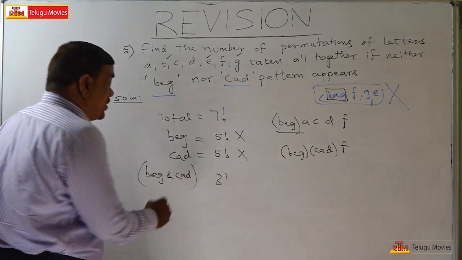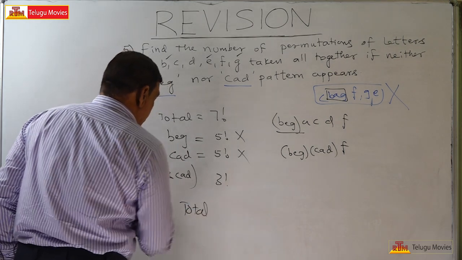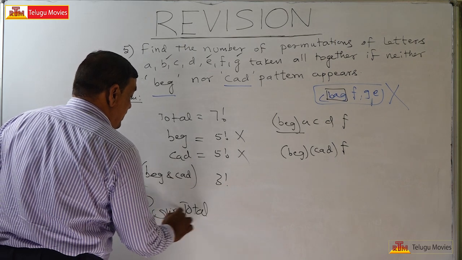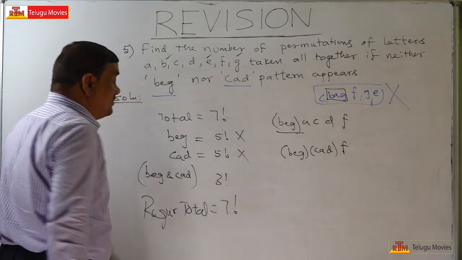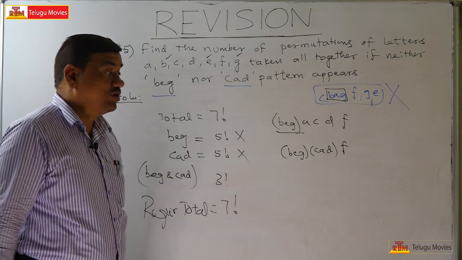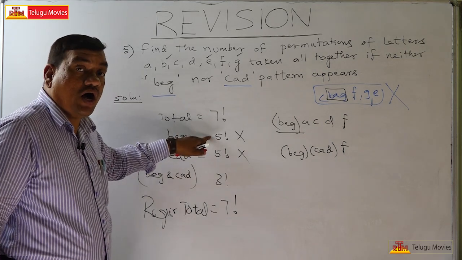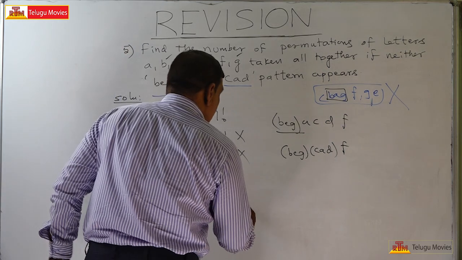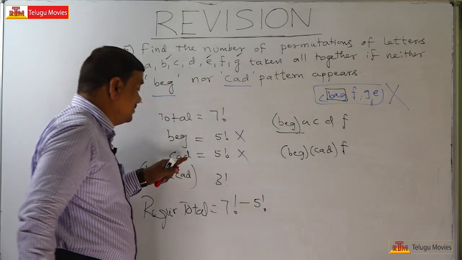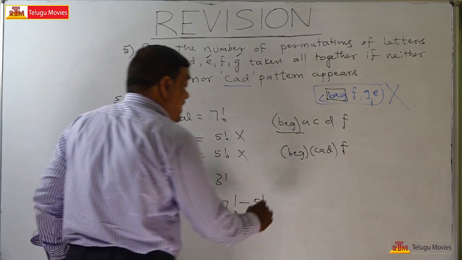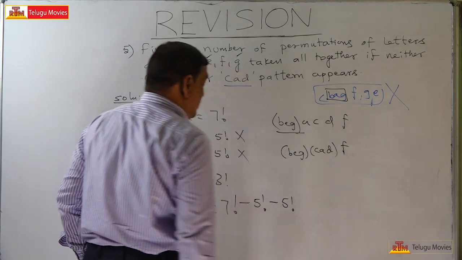Now the required number of permutations is equal to 7 factorial, and carefully observe, you have to subtract 5 factorial and also subtract another 5 factorial.